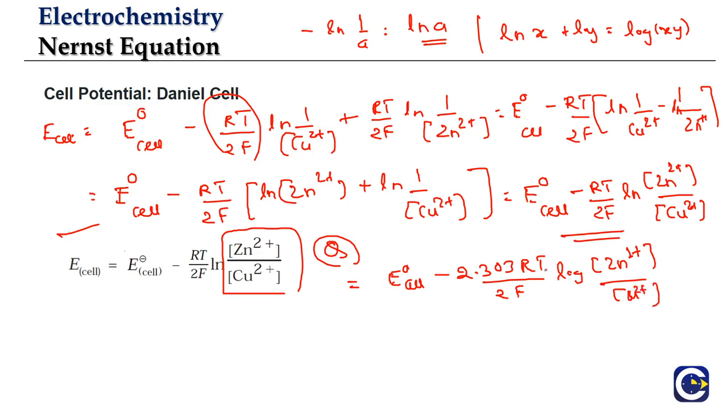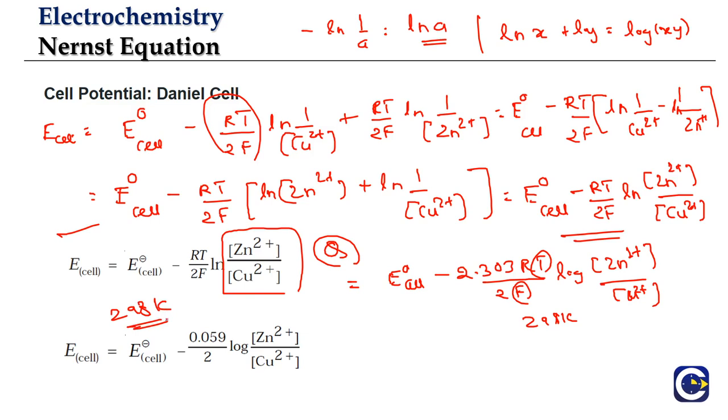If the temperature is not changing, because here we are talking about temperature change as well as concentration change, and the temperature is as it is, 298 Kelvin, then we know that the value of R in SI unit is 8.314. We know the value of F. So by substituting all the values, we will get another cell potential form, where we have temperature as 298 Kelvin. This is the form that we will use when the temperature is not changing.